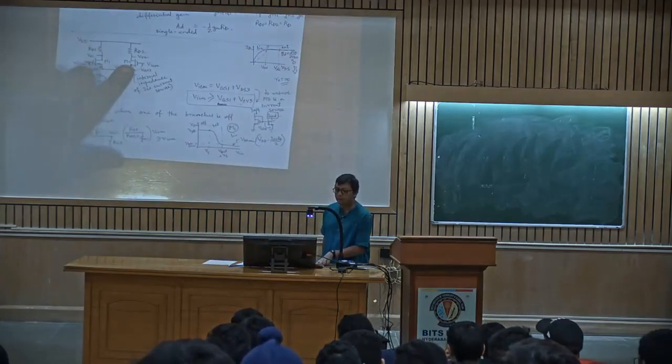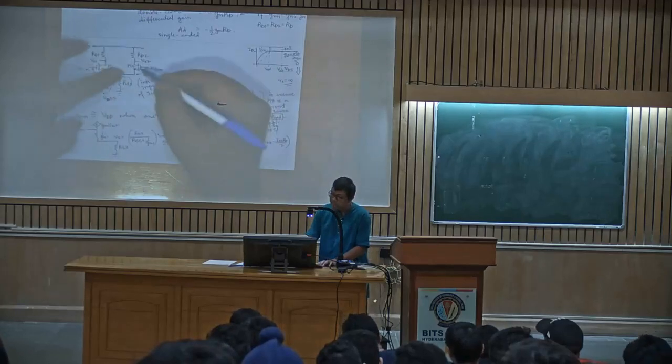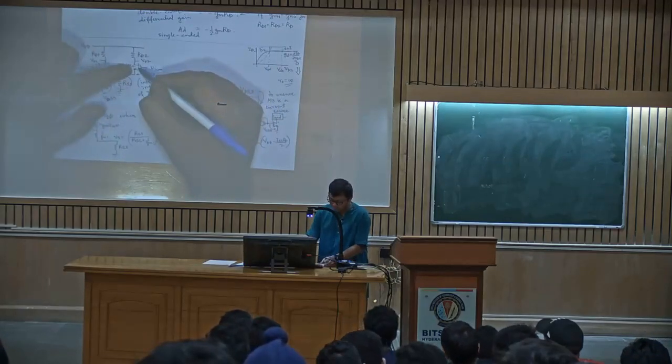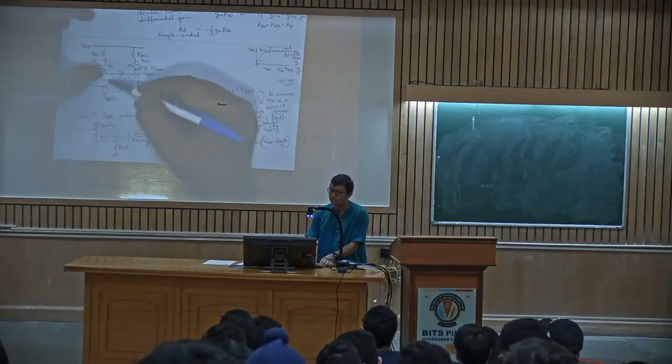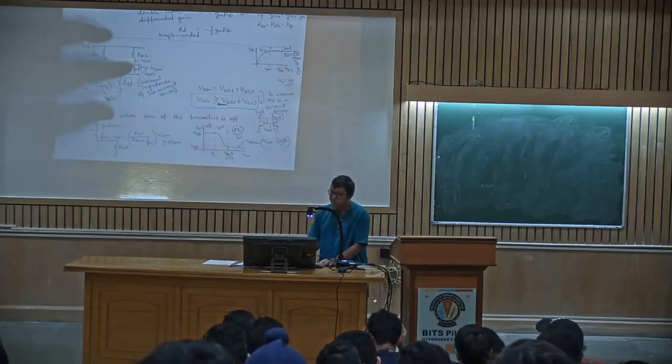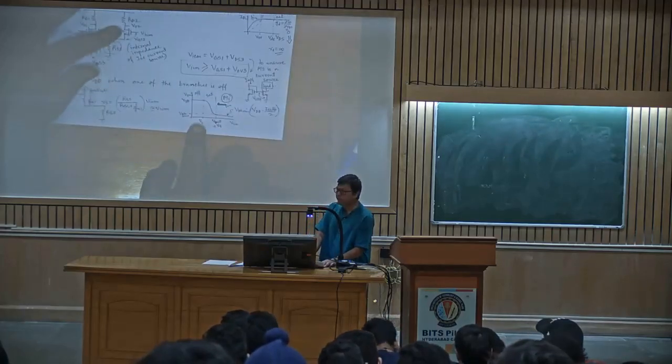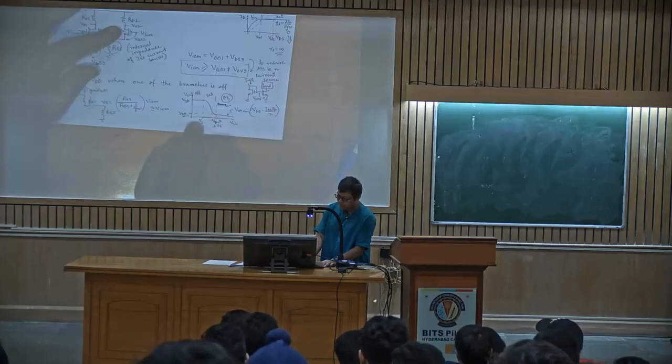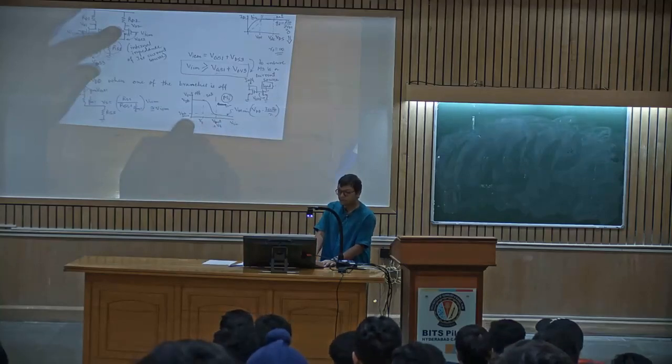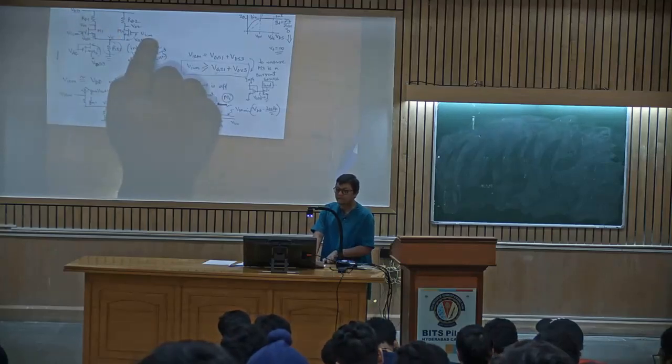Second instance, M2. So when this is turned off, then the entire current will essentially be flowing over here. When will this be turned off? This is the same over here. When this V input becomes lower than VT. So when V input is lower than VT, कब होने वाला है? This is the VICM.